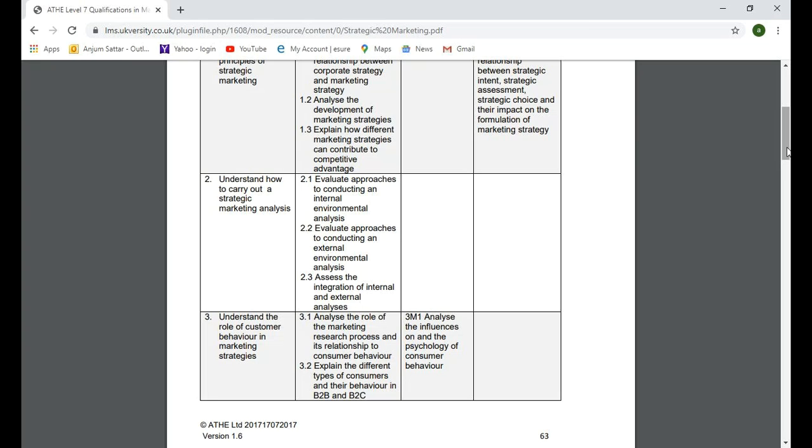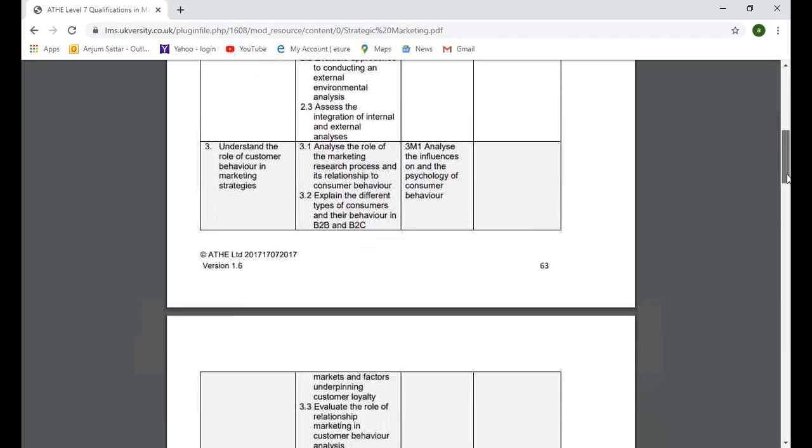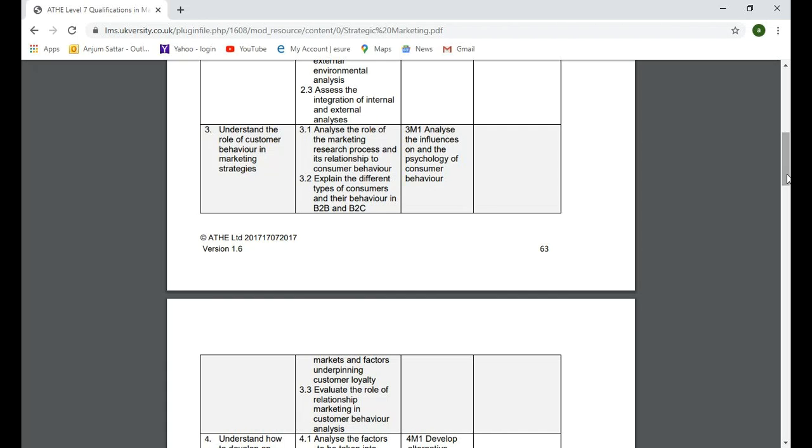External is the macro environment, internal is the micro environment. Internal is controllable, external we can't control, we have to adjust to it. We discussed political, economic, social, and technological factors, and we discussed that we have to adjust operations accordingly. Like I quoted the example of coronavirus and various other things happening in the environment, our strategy needs to be changed accordingly.